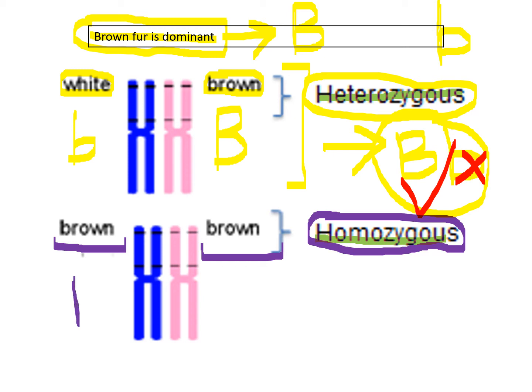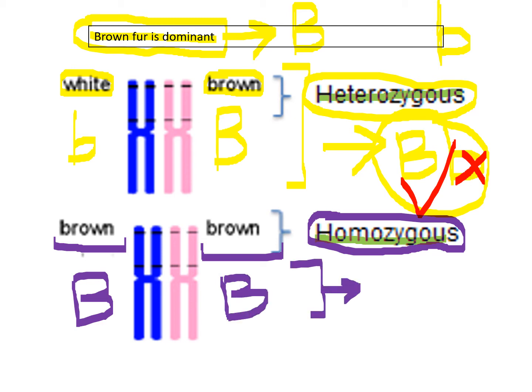So we've got a capital B and a capital B. And the genotype in this instance will be capital B, capital B. We have two dominant alleles, and so our fur color will definitely be brown. In this instance, we can say that it is homozygous dominant.